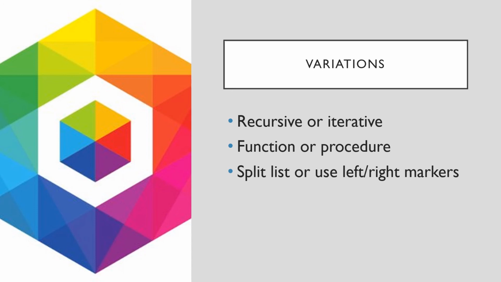And remember from the binary search that when we split, Python and many other languages have got a nice slice or split function that lets us make the list smaller and smaller. But we can always use left and right markers instead to do these actions, though I think it's easier using split or slice commands.